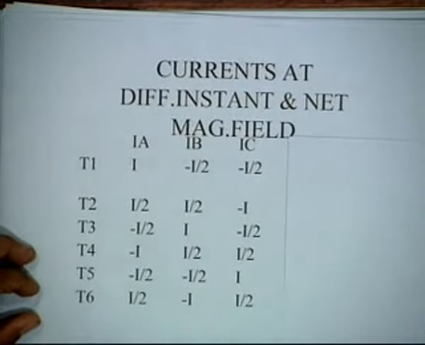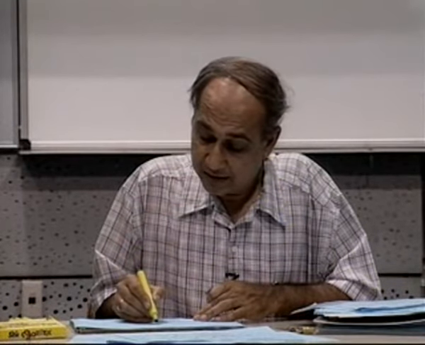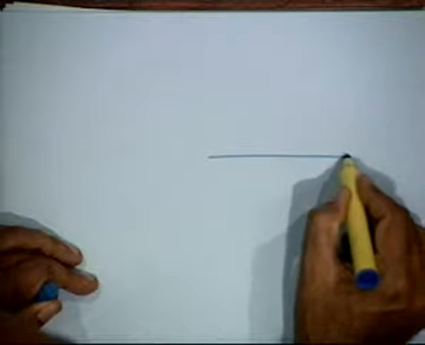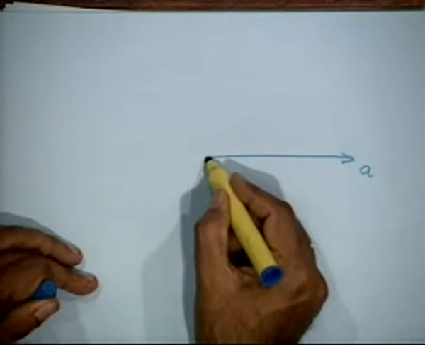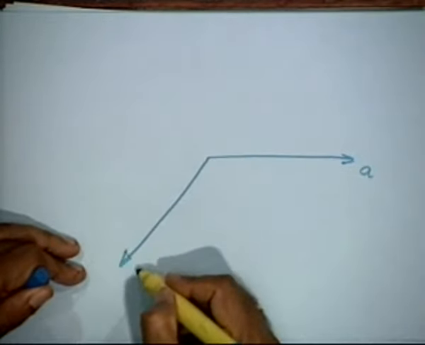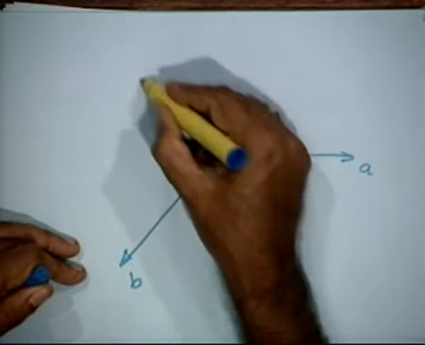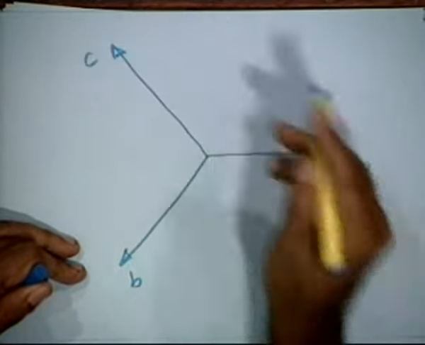Now, if you look at the MMFs produced, okay, let us say this is the A axis, let us say this is the B axis, and let us say this is the C axis.